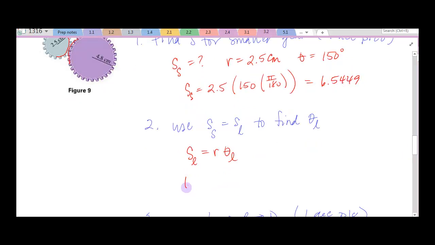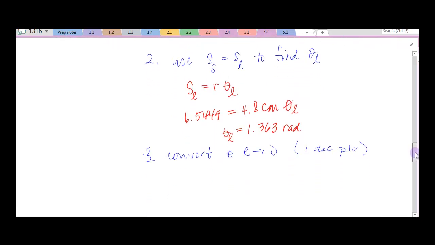Arc length would be 6.5449 equal to the radius, which is 4.8 centimeters, times theta of the larger gear. So I'm going to divide both sides by 4.8, and I find out that theta of the larger gear is 1.363 radians, because theta in this formula is always in radian measure.